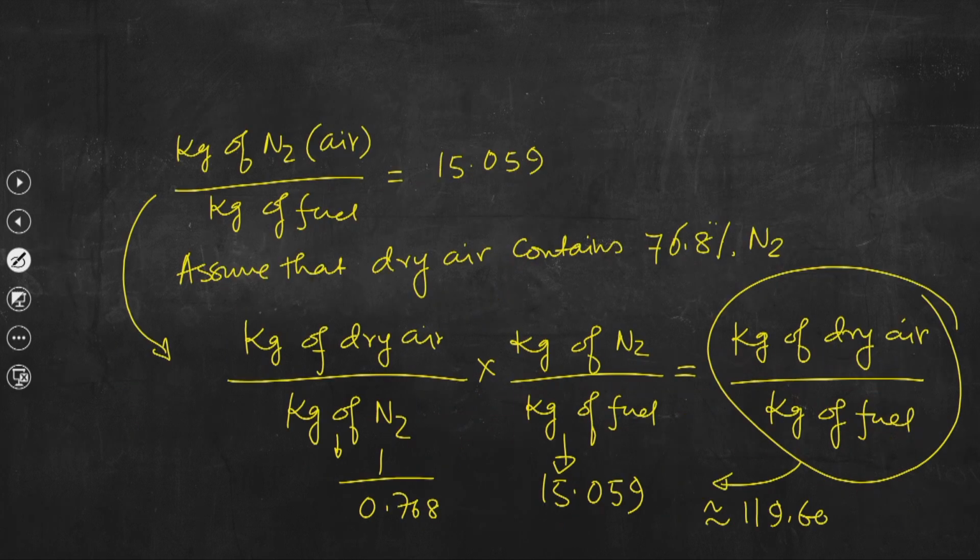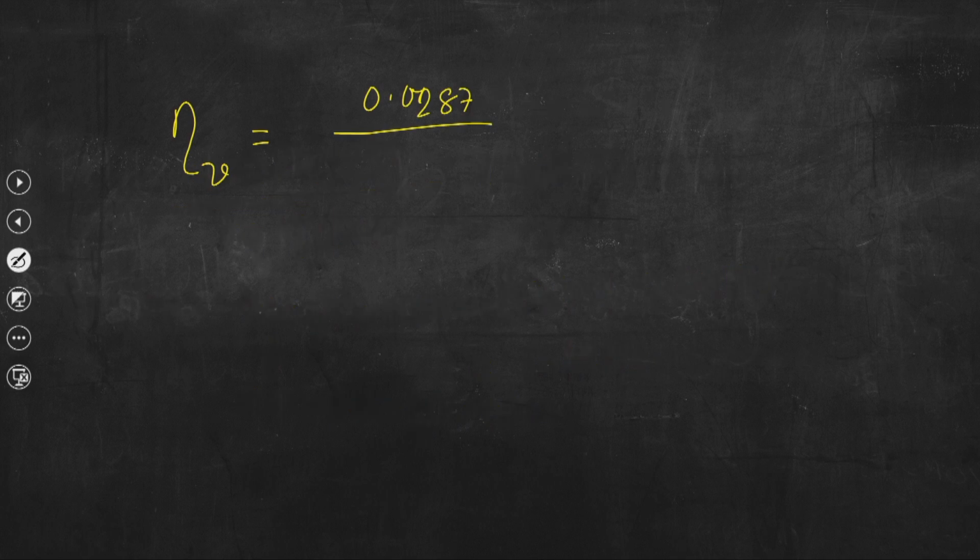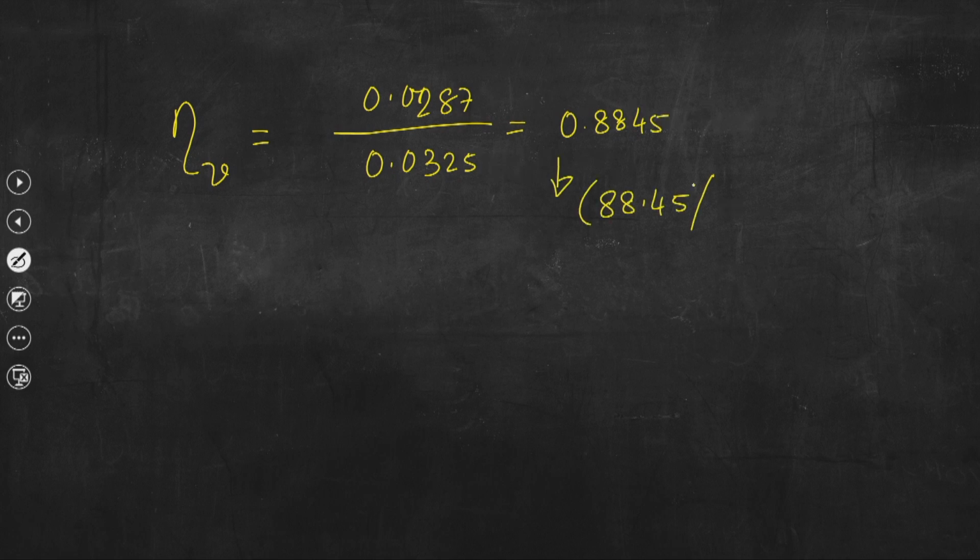So, if we write 0.0325 here, then we will be getting 0.8845. So, that means 88.4%. So, this is the volumetric efficiency.